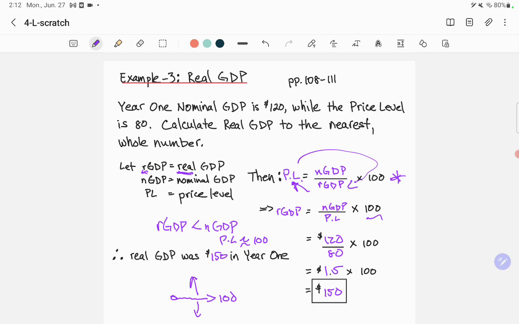So we choose 100 for a level. Above 100, what's happening to prices in general? Below 100, what's happening to prices in general? No units.